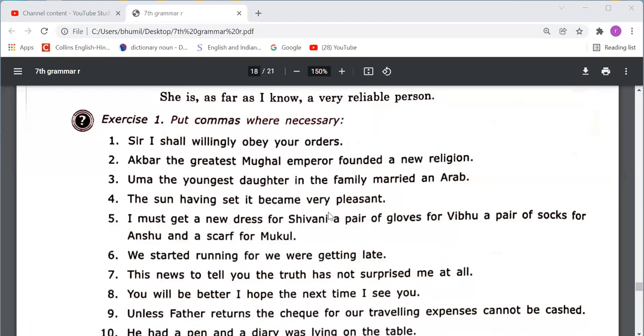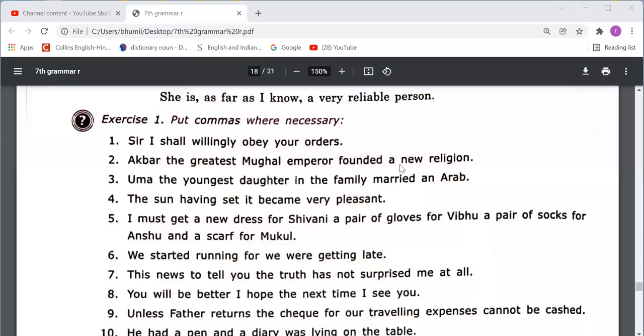Before it. Okay, almost right answer. Before it, yes. The sun having set, it became very pleasant. We are giving the extra information that it looks pleasant when the sun has completely set, right? To make them separate, we have to use comma after the set word. Very good, right answer. Next, sentence number 5.